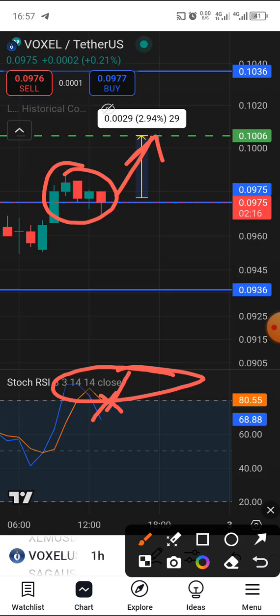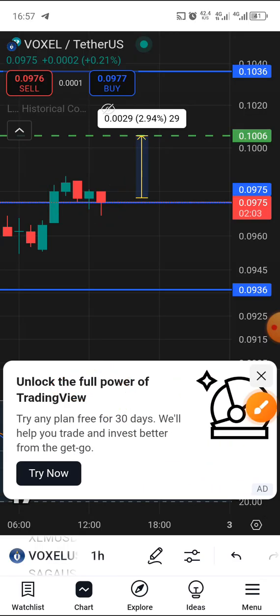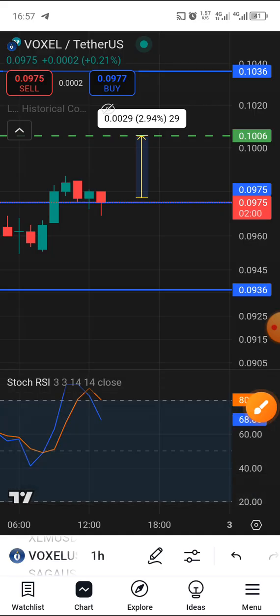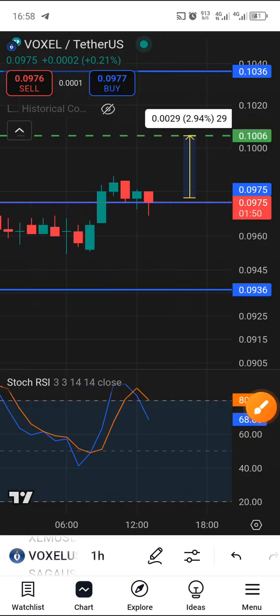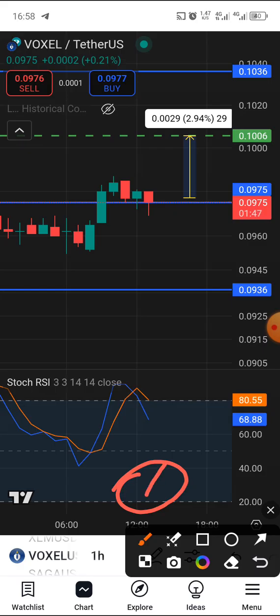So you won't expect these prices to move as high as 5%, 9, 10, or it will move like 2% or 1.5. So I would recommend, if you are to take a risk and enter this trade, you take little profits until you find this same scenario when the RSI is around here in the oversold or below 40. So there you will take your huge profits like 3%, 4%, and so on.